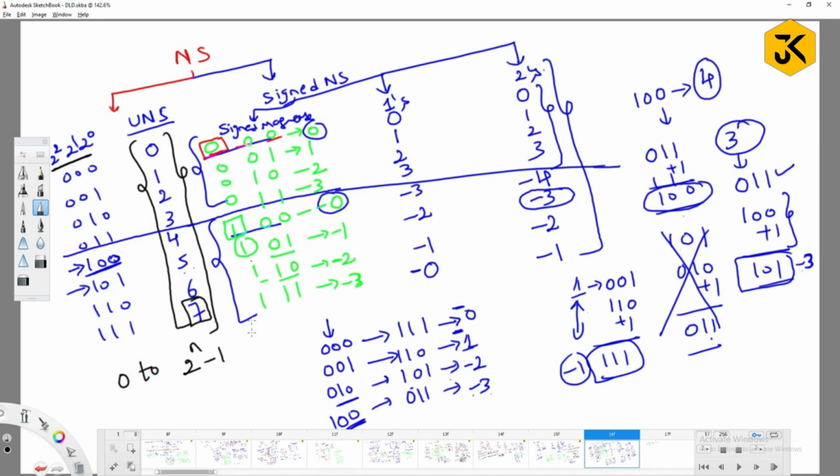What about signed magnitude representation? See, observe here, the values are from 0 to plus 3, and another one is minus 0 to minus 3.